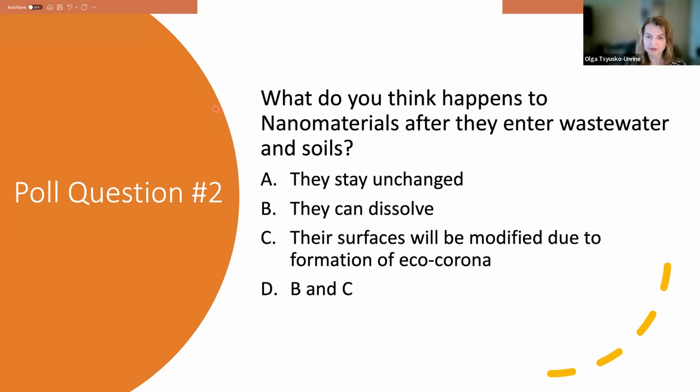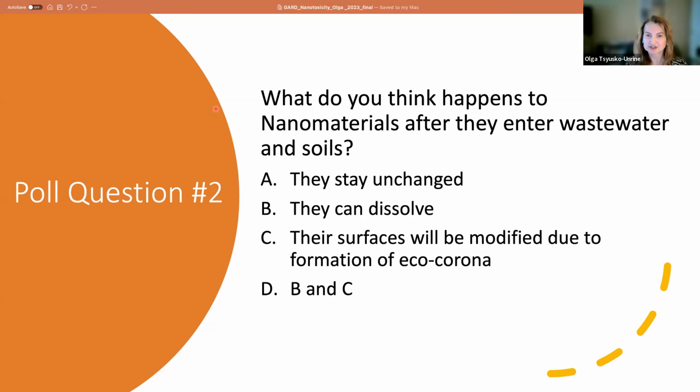Will their surfaces be modified due to formation of an ecocorona, or would it be B and C, for example? Okay, I start seeing responses, and some say B, they can dissolve, and some say B and C.